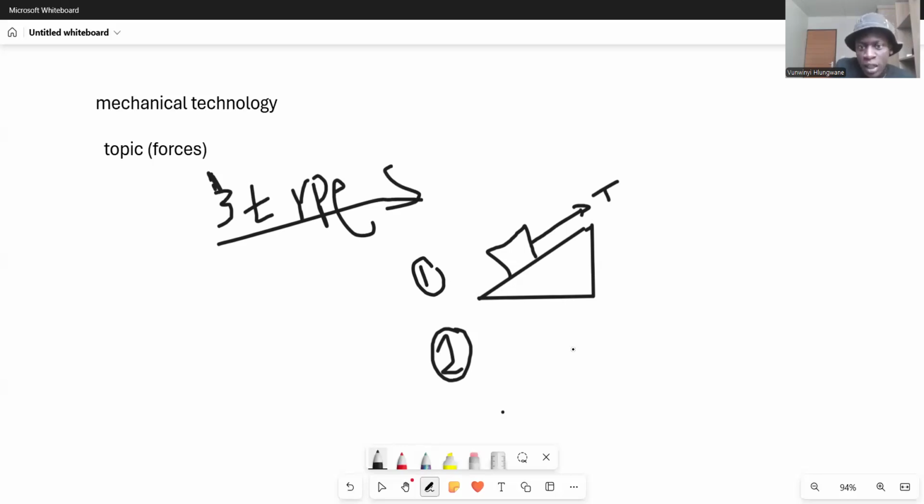Compressive force is when we have an incline like this. My drawing is not better, but I will try by all means.